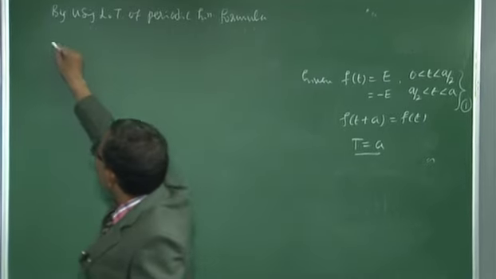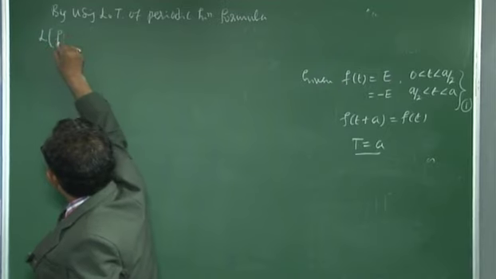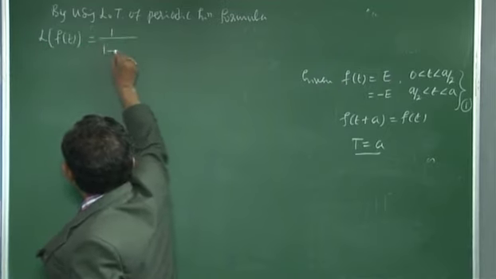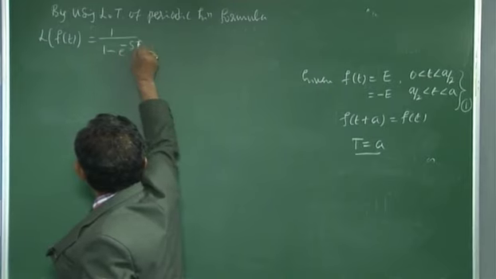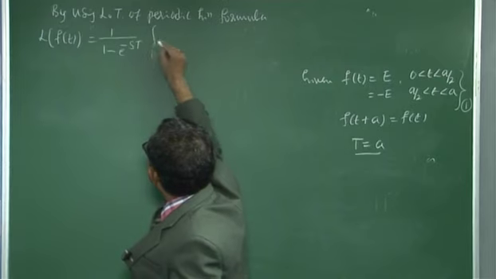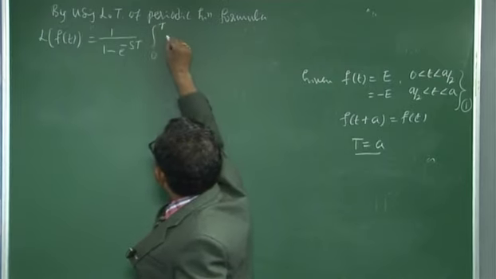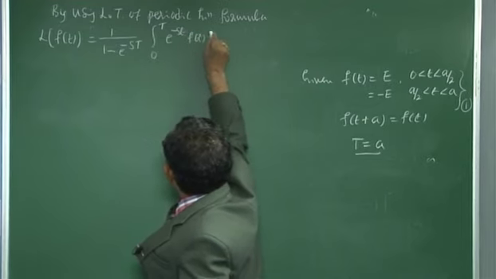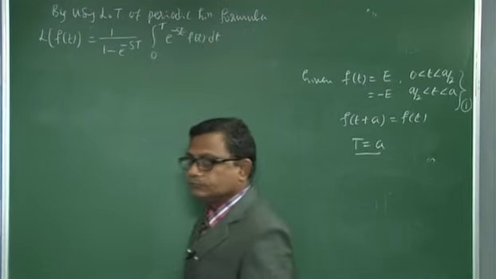What is that formula? L of f of t equals 1 divided by 1 minus e raised to minus sT, times the integration from 0 to capital T of e raised to minus st f of t dt.